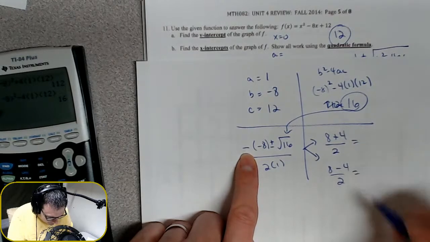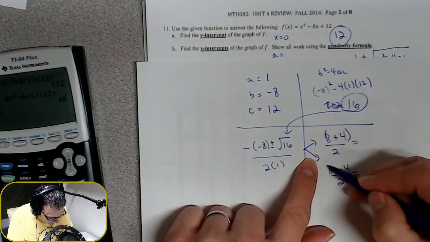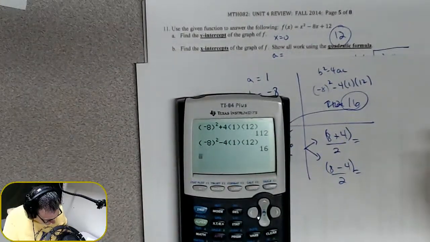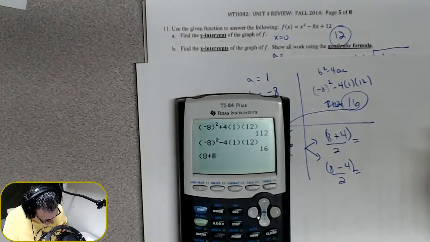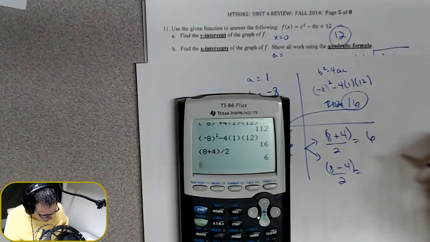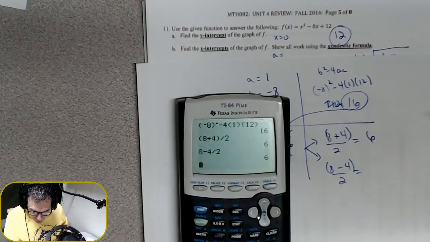And here's the last thing that could get you in trouble if you use your calculator. Don't forget, on the calculator, this has to be in parentheses. Watch. I go parenthesis 8 plus 4, close parenthesis, divided by 2 is 6. If I do 8 minus 4 divided by 2 without putting in parentheses, I'm getting the wrong answer.